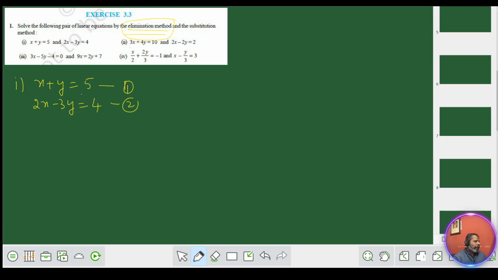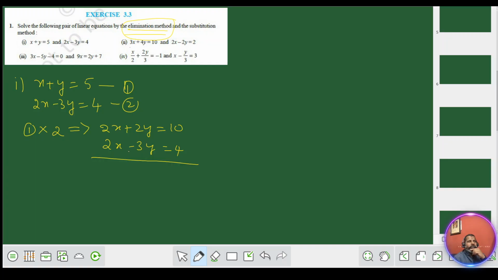So 2x plus y equal to 5, 2x minus 3y equal to 4. Now I will multiply one equation with 2, we get 2x plus 2y equal to 10. Second equation I write as is. Then it's up to you.